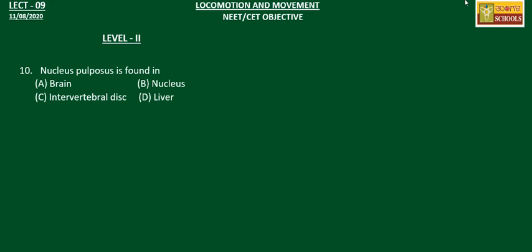So the next question, nucleus pulposus. So here nucleus pulposus is a residual notochord, and this residual notochord is present in the intervertebral disc.